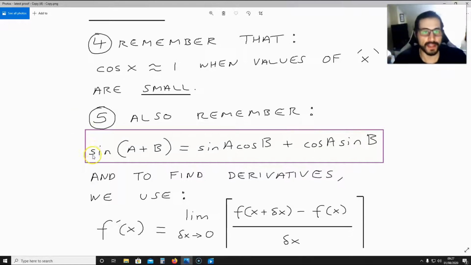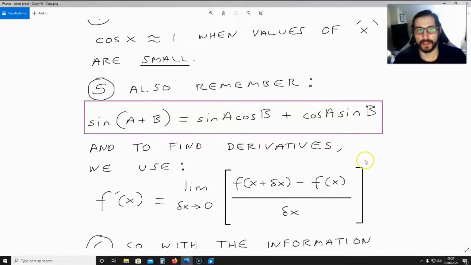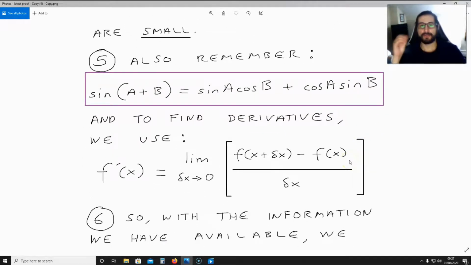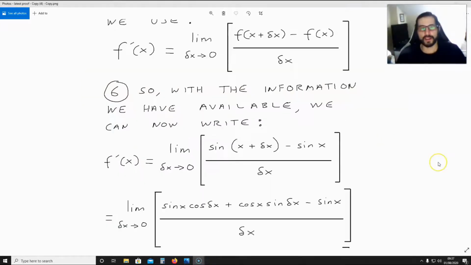You will need to know that sine(A plus B) is equal to sine A cos B plus cos A sine B. And if you know this, you can move on to finding the derivative of sine x. And you use this formula right over here to get derivatives.